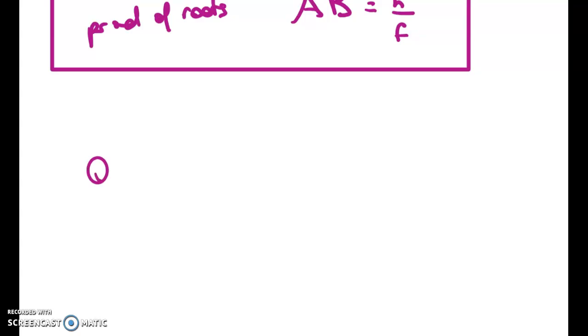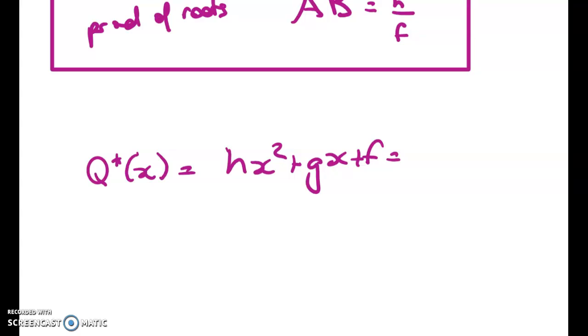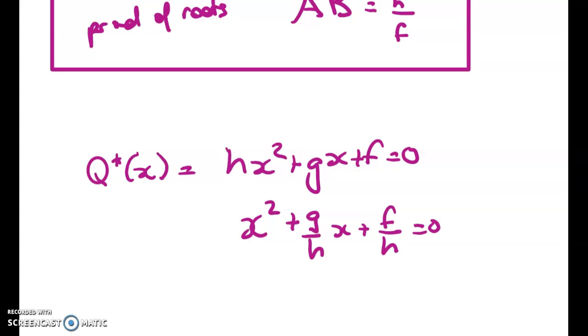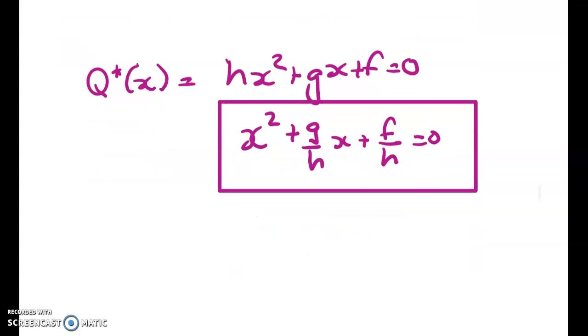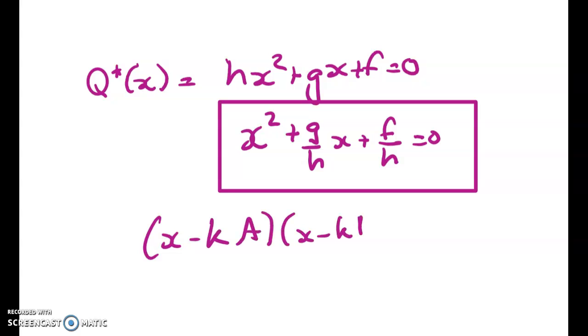So let's just write out what we've got. We've got q star of x is equal to h x squared plus g x plus f is equal to 0. I'm again going to divide everything through by h. I get x squared plus g over h x plus f over h is equal to 0. And I know that the roots of this are given by (x minus ka) and (x minus kb).